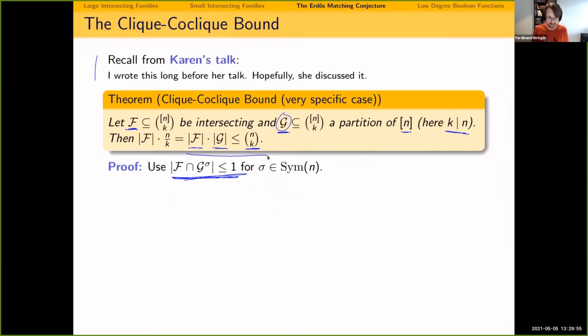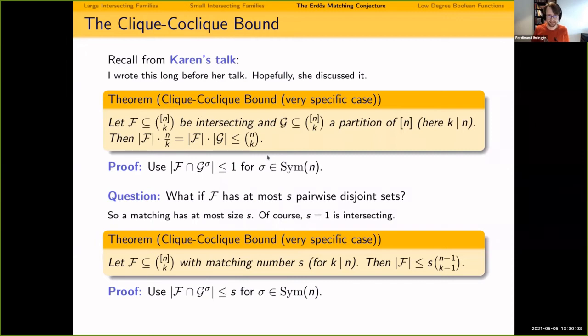Now, so that is the co-click bound, and a very natural generalization of that co-click bound is, here we have that F and G intersect in at most one element. But we can also, instead of at most one, say at most s. That means that in F we have at most s pairwise disjoint sets. So it makes sense that we say that a matching of F has at most size s. And of course, if s equals 1, then we just have an intersecting family.